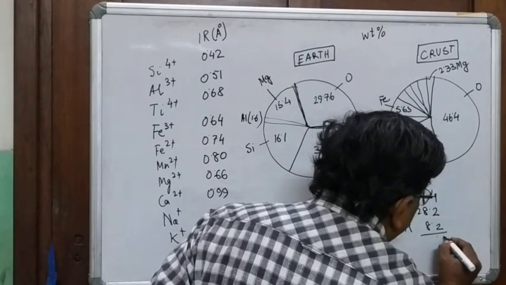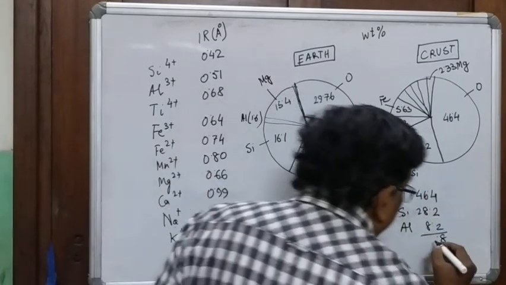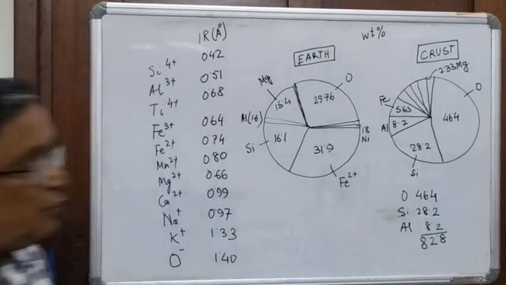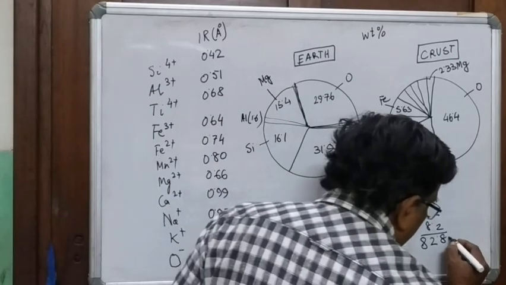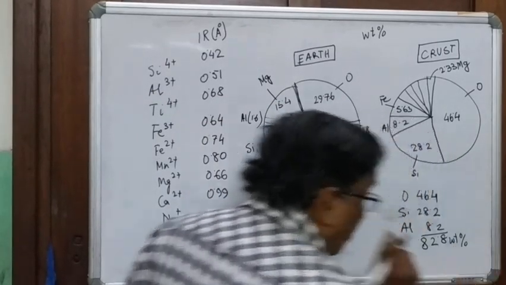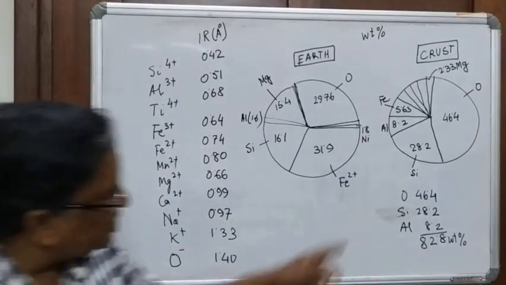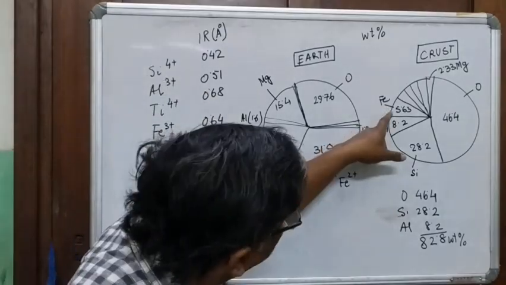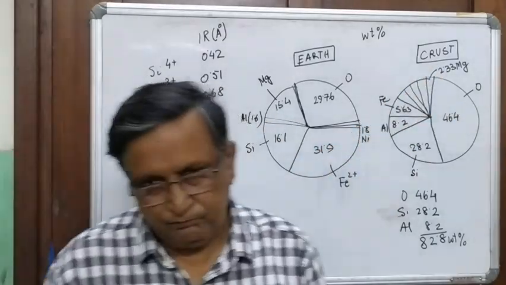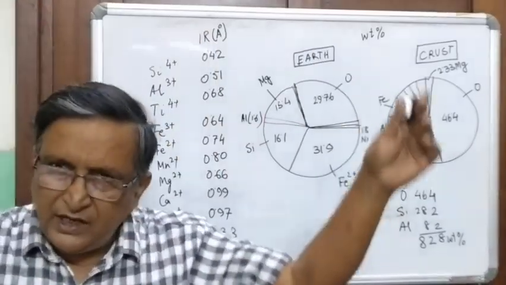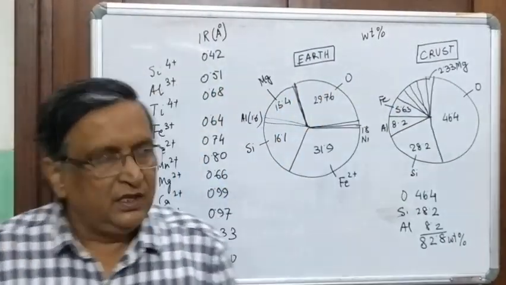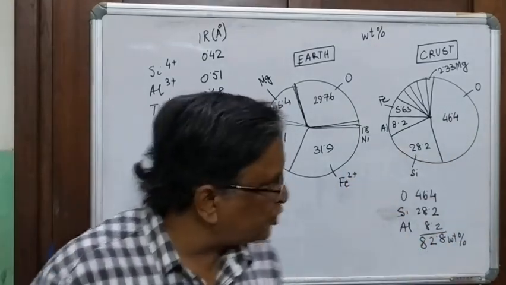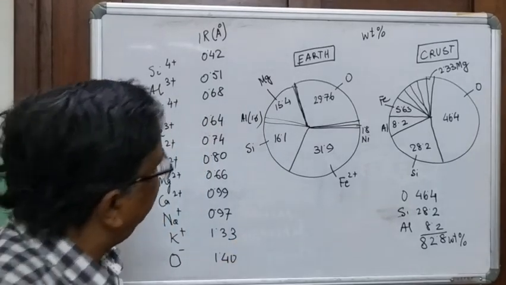Now if you add this, it's 82.8 weight percent of the Earth's crust. Weight percent of the Earth's crust is composed of oxygen, silicon and aluminium, followed by iron and magnesium. So if you can imagine the crust, essentially about 82% of it is composed of oxygen, silicon and aluminium.